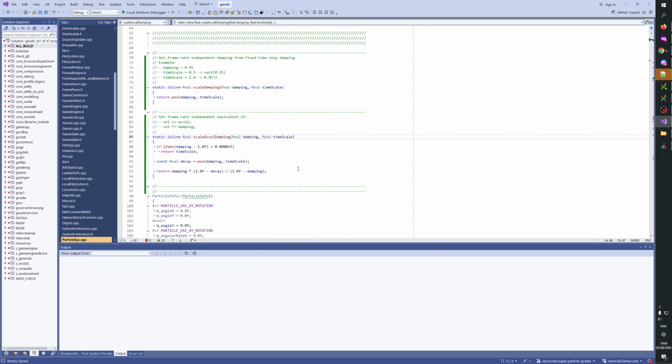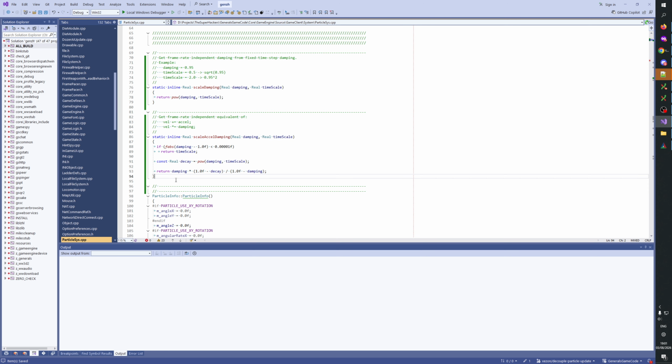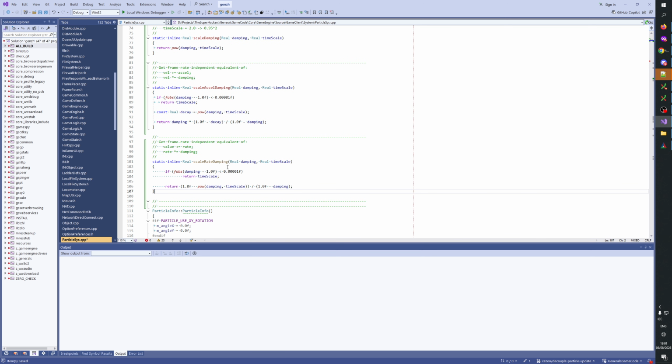So he wants us to add this function, which is called scale rate damping, which looks similar to this, but not quite.